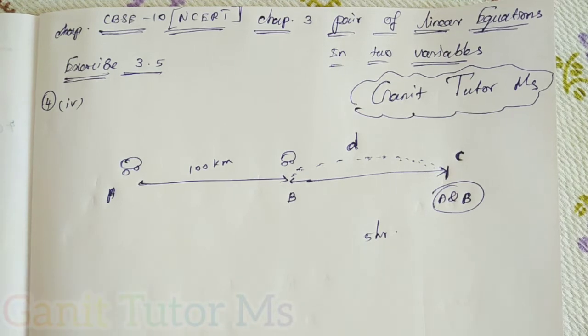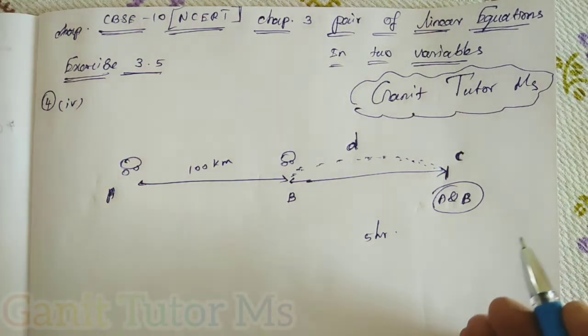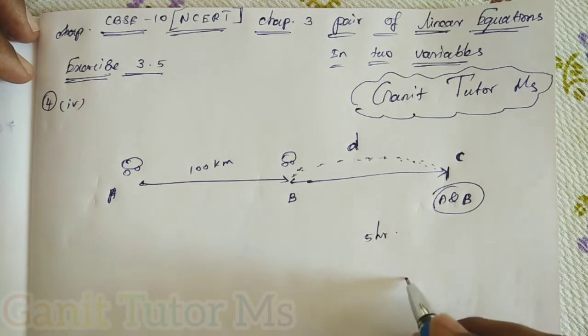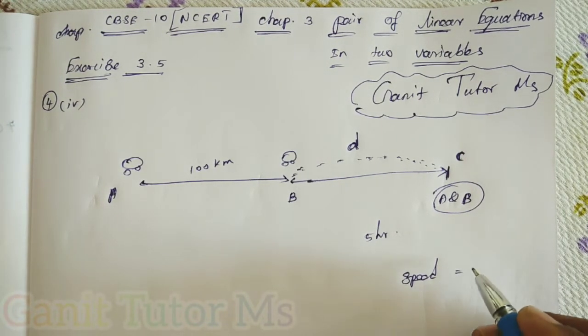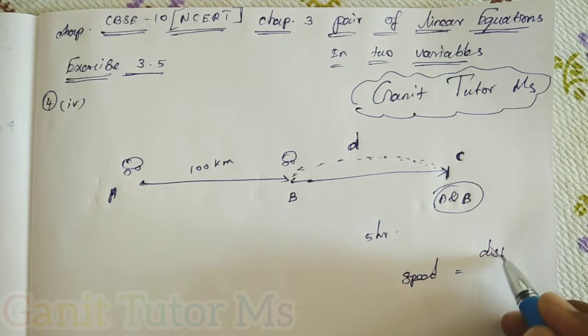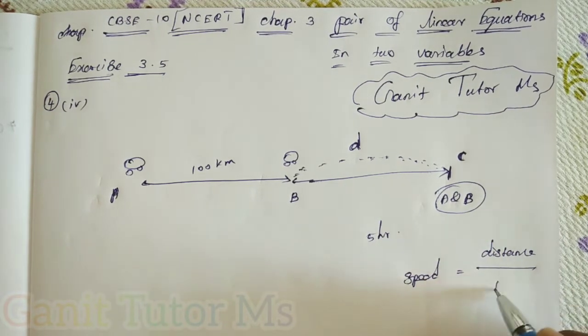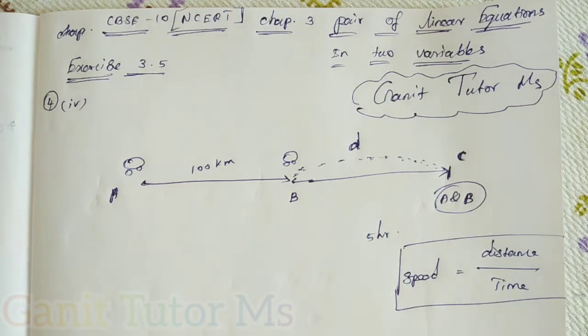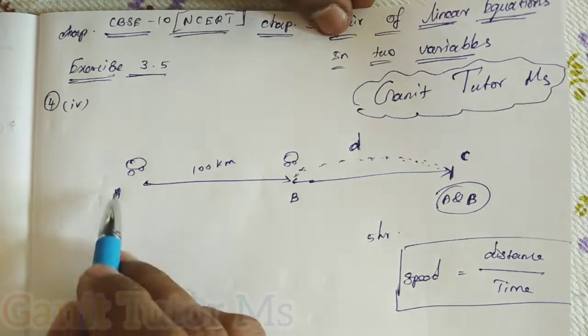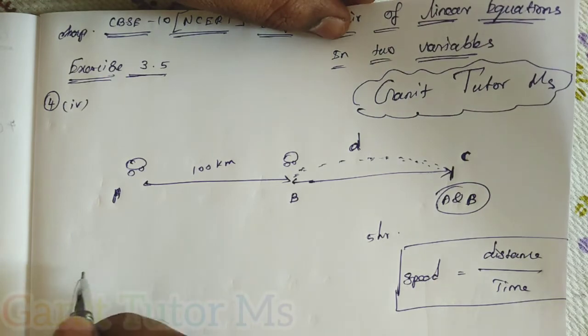So now it is the first condition. From the first condition, we can find out the speeds of A and B. Before we enter the problem, how can we write the speed? The speed is calculated by distance divided by time, that is, crossing distance divided by time. Here I consider the speed of car A as SA.